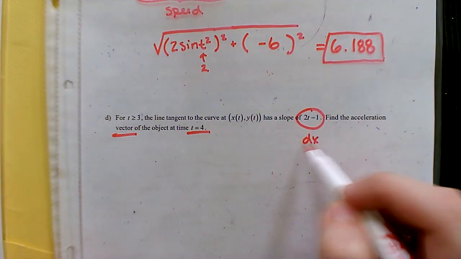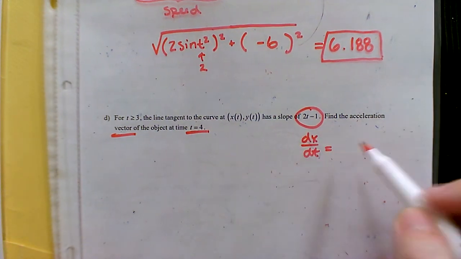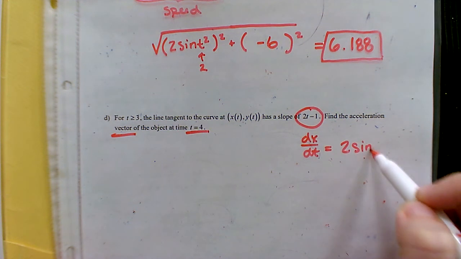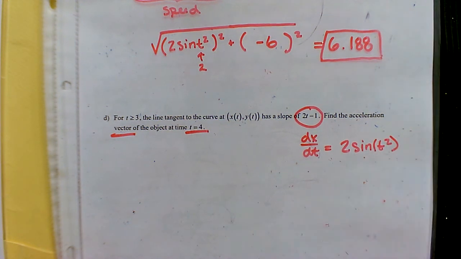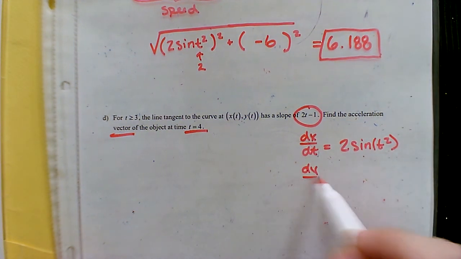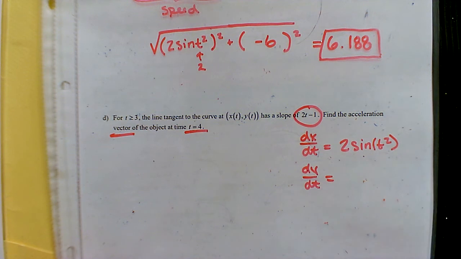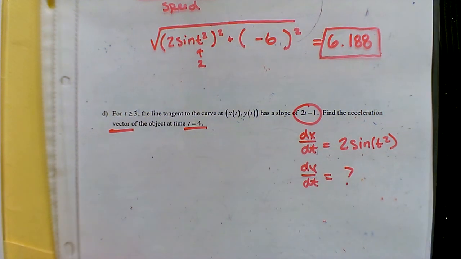Let's see, we know dx over dt is 2 sine of t squared. How do you think we can figure out the y derivative? Because if it's asking us for the acceleration vector, we need the x derivative and the y derivative separately. That way we can evaluate those. What do you think we could do?